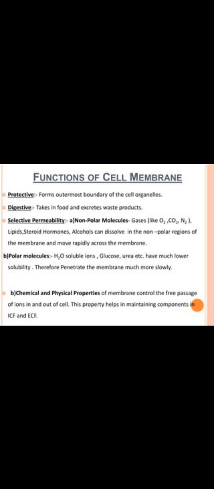That means the molecules move very slowly in the cell membrane. The last function is from the cell membrane. Chemical and physical properties of the cell membrane control the free passage of ions in and out of the cell. That means we have some chemicals which carry charges. So these ions or molecules are freely moved in and out of the cell.